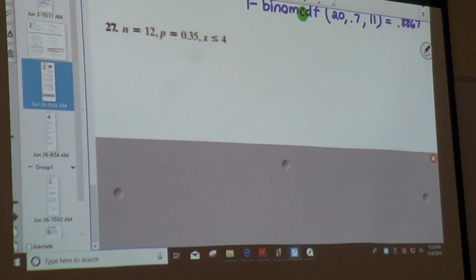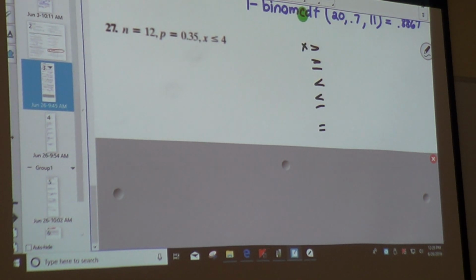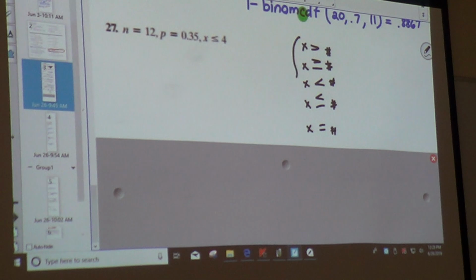What I would suggest is that you just start practicing writing them. You've got the greater than, equal to, the less than, equal to, and just the equal to. That's really all you need, but I'm just going to write it all in. Number, number, number, number, number. Then all of these are going to be your CDF, and this is the only one that's your PDF.